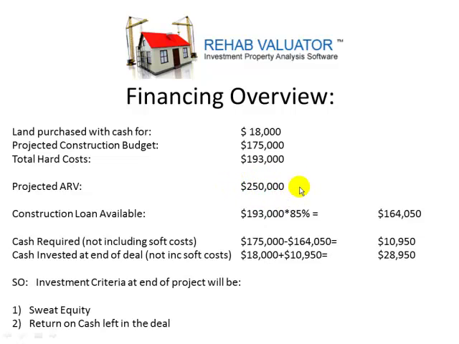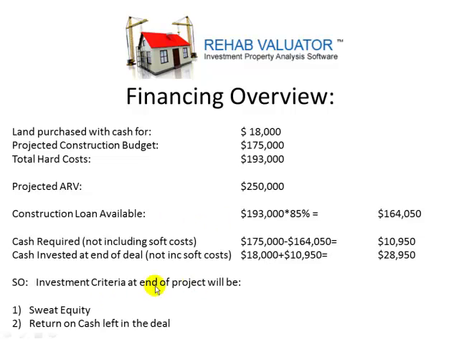The value of this building will be $250,000. My cost is going to be a certain percentage of that. So I want to have at least 15 to 20% sweat equity in this deal, which means I would have to have my total cost basis equal to $250,000, let's say times 0.85, $210,000.